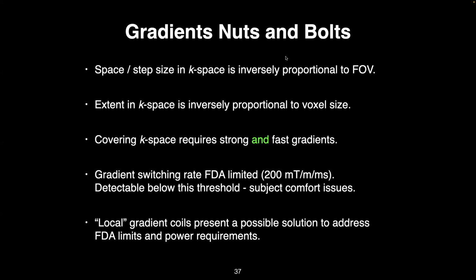Which means that if you have smaller step sizes here, if you're getting more points in K-space, more detailed points, you have a larger field of view here. Whereas if you're jumping around in K-space, you have larger gaps, then you have a smaller field of view that you're acquiring.